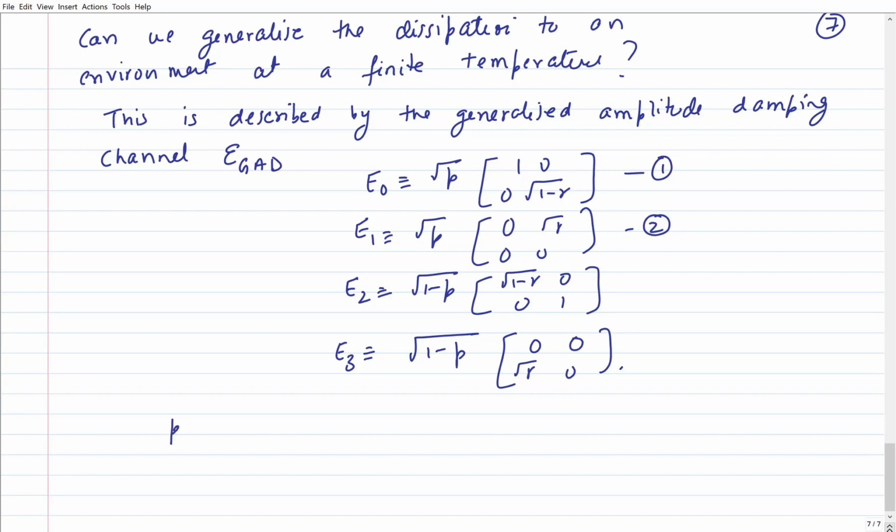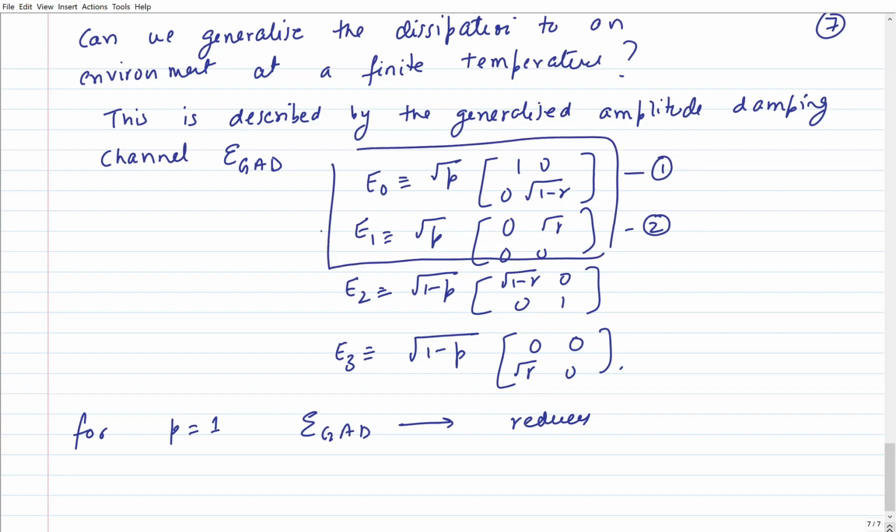So notice that for p equals 1, our generalized amplitude damping channel reduces to the usual. For p equals 0, all I have is, for p equals 1, all I have is these two guys, and it reduces to your usual amplitude damping channel.